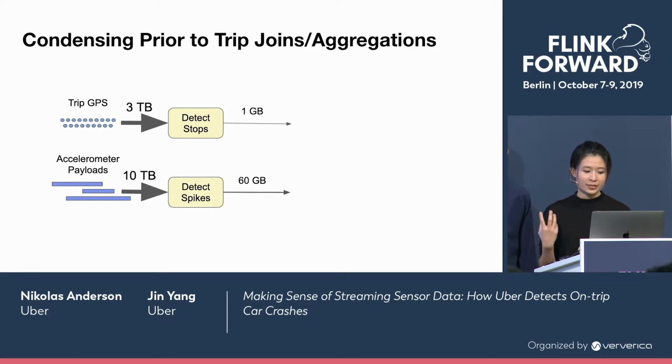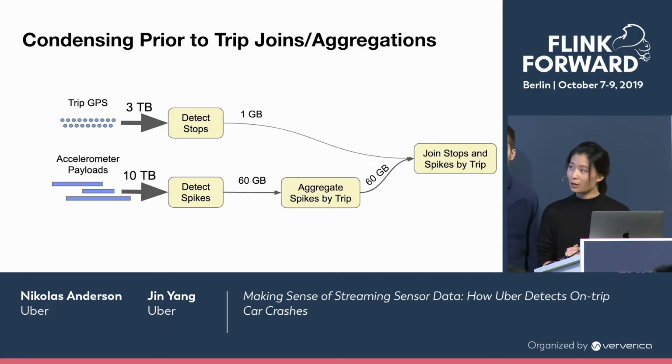So by detecting stops and spikes from our GPS sensor readings and accelerometer readings, we're successfully able to condense terabytes of data into gigabytes of data streams. And after we condense these data streams, aggregation by our trip business context and joining of the GPS sensor payload and accelerometer becomes a lot easier.